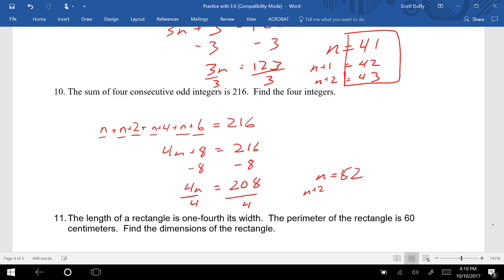So that's not right. Let's see where I made my mistake. Must have made it somewhere in the addition. Oh, I forgot a 4 right there.